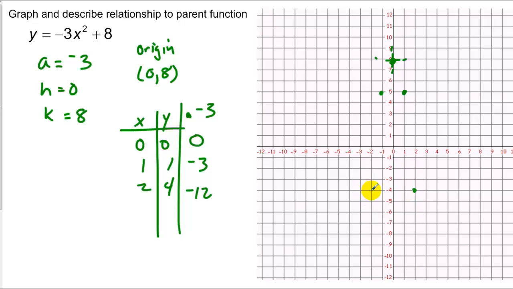Clearly this is a much narrower graph. And how is that compared to the original? Well, we have a reflection.